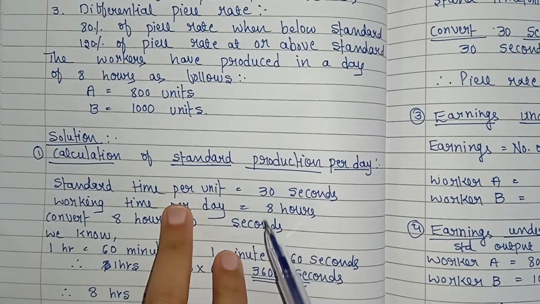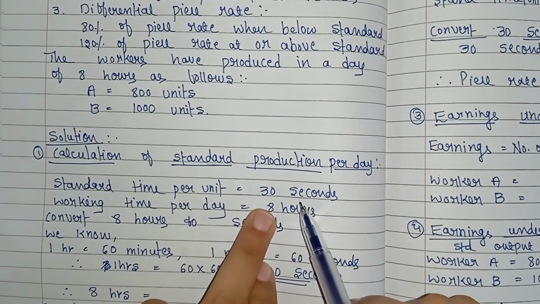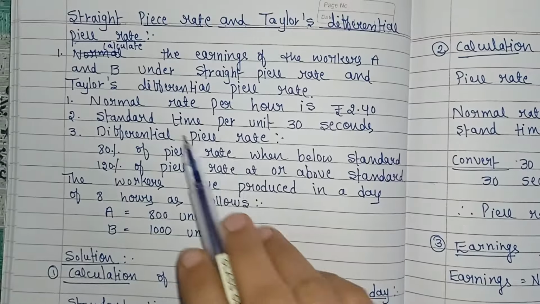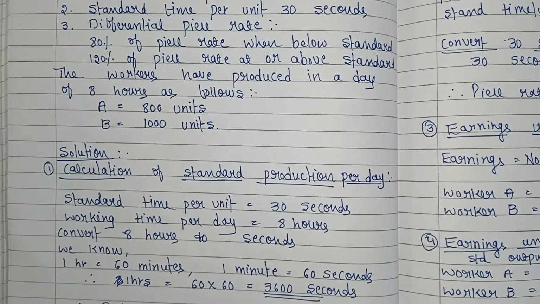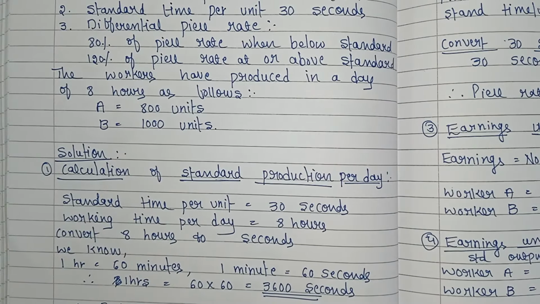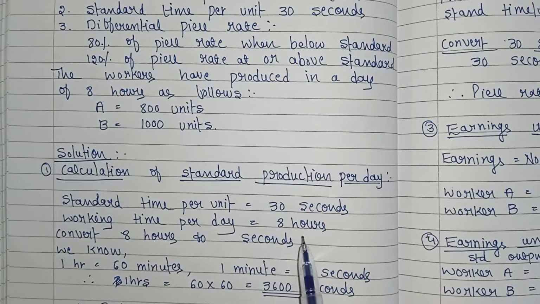Here they have given the information standard time per unit is 30 seconds. Standard time per unit 30 seconds means to produce 1 unit it requires 30 seconds. And working time per day, how much? That is 8 hours.